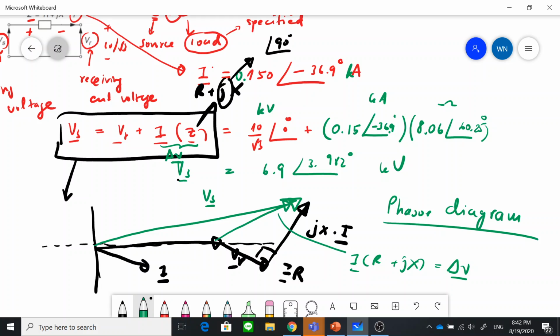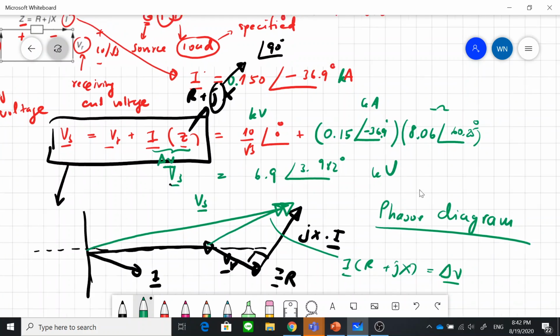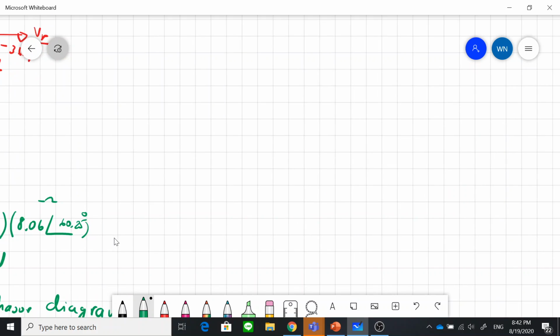We will discuss this in great detail in a separate lecture. But let me push this concept at this moment, to show that there is another way in power systems to attack this kind of problem. Let me use the concept of per unit to solve this question.